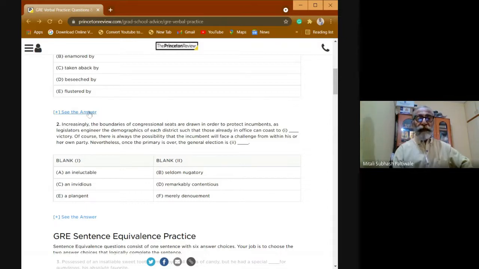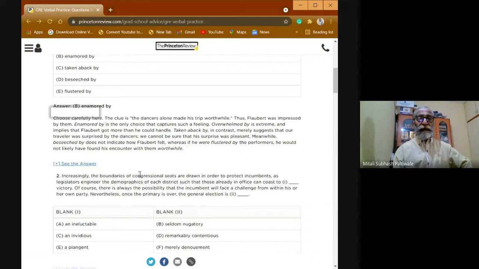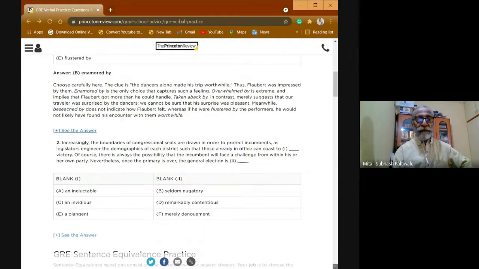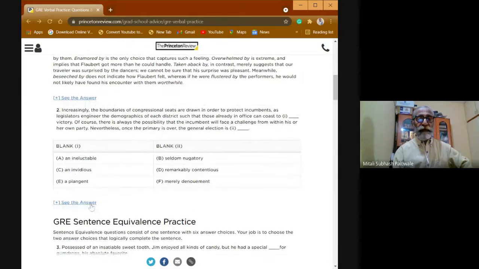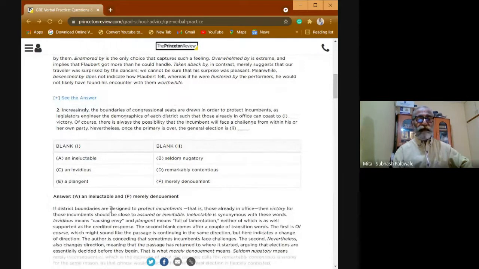So you see, if you want to understand more about that, here is the explanation given to understand the right answers. In the same way, even for the second question as well. You see? This is what is explained in the entire answer.